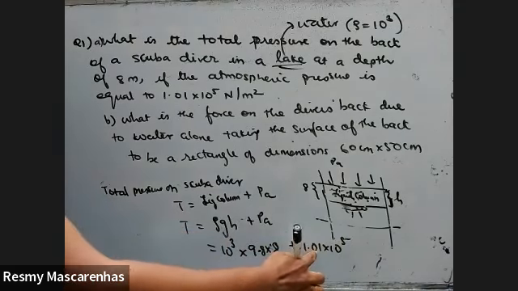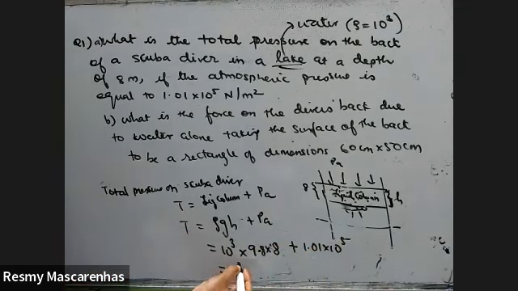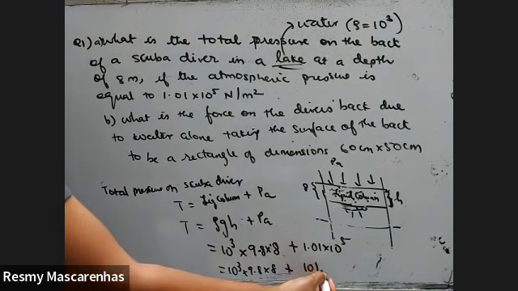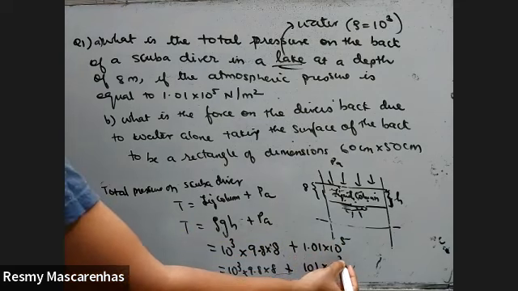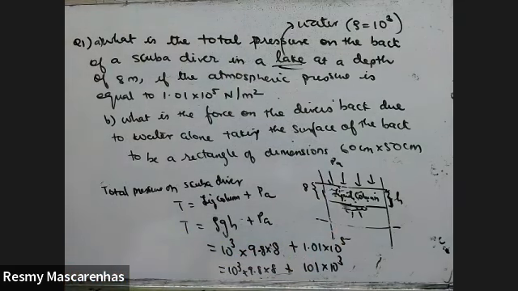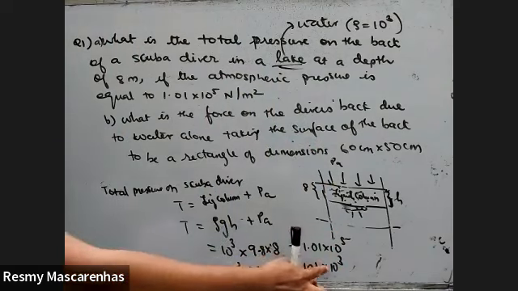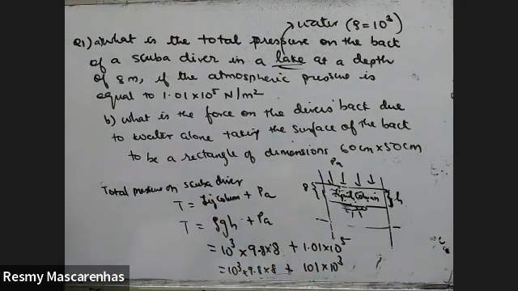What I'll do is I'll make it 10 raised to 3 into 9.8 into 8 plus 101.3, the same as this one. Now 10 raised to 3 is common at both the places, so take out 10 raised to 3 common.